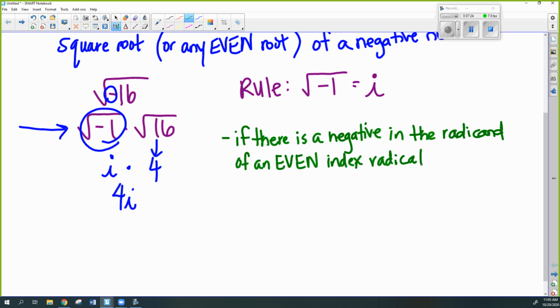Index is the same thing as root. So if there's a negative under an even root, you're going to pull out an i and cancel the negative.